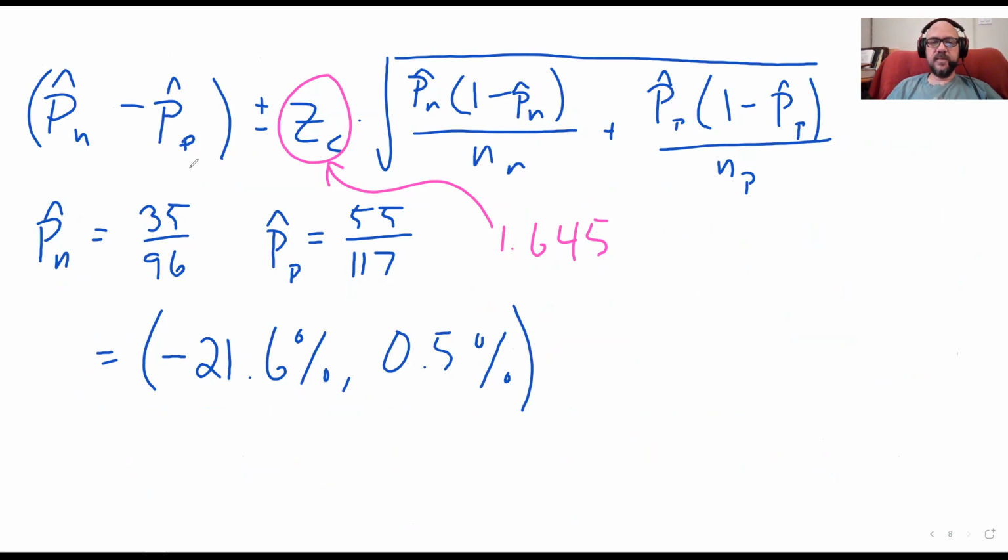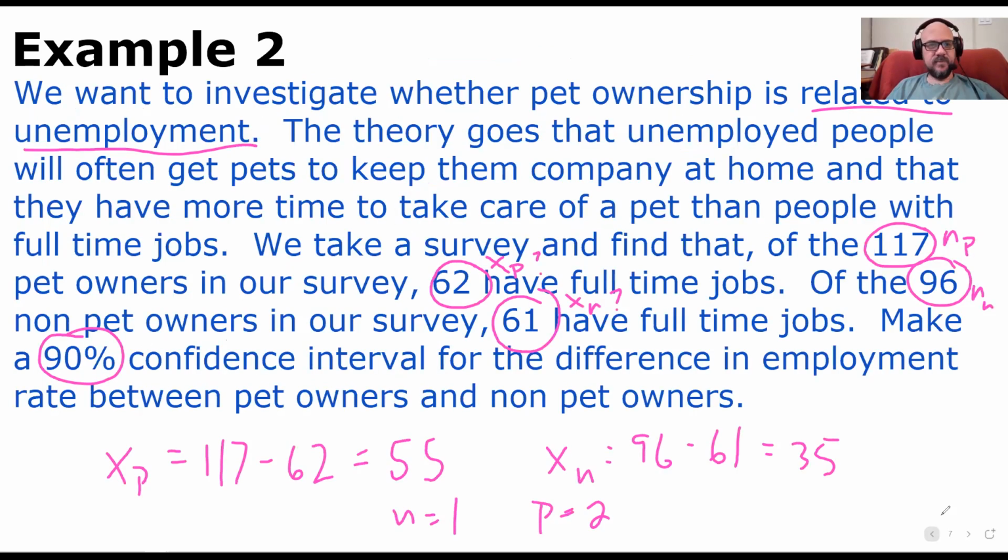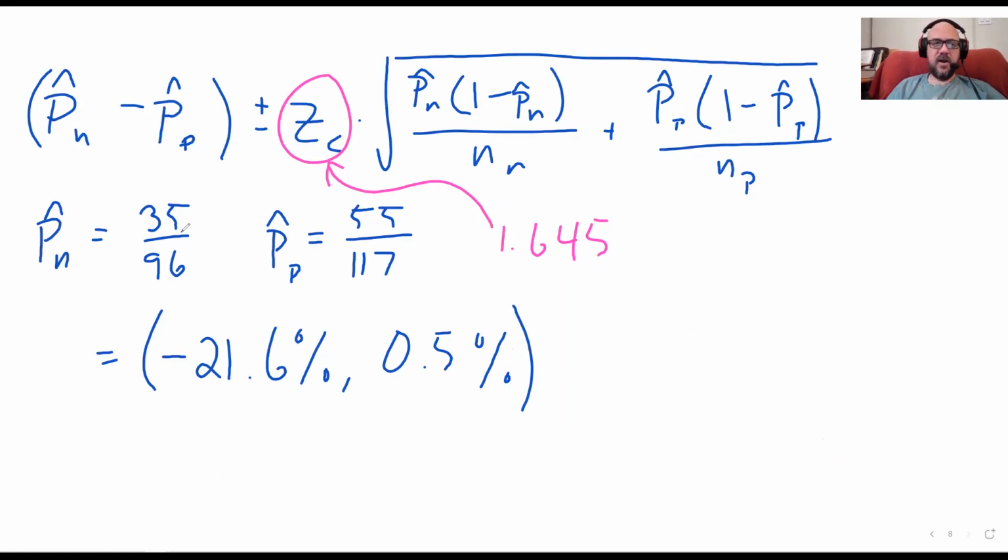Wait, do I have this backwards? No, I have this right. Non-pet owner unemployment. We were thinking that non-pet owner unemployment would be. I'm just gonna have to reshoot this whole thing. This is terrible. Pet owners have a higher rate of employment than non-pet owners. All right.